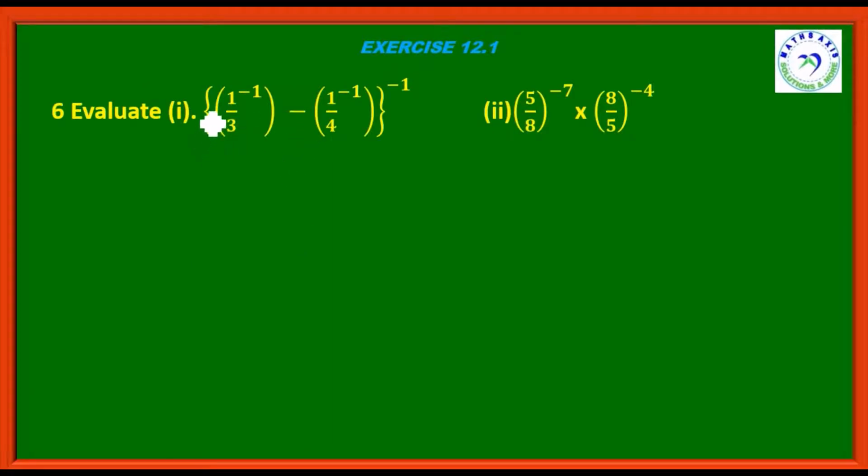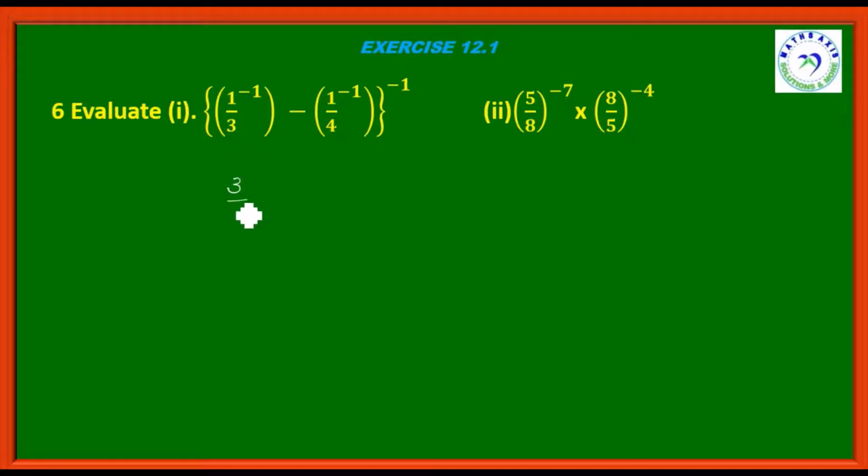Next question, number 6. 1 by 3 raised to minus 1 minus 1 by 4 raised to minus 1, whole power minus 1. 1 by 3 raised to minus 1: the power is negative, so let us change this power to positive by taking the reciprocal.